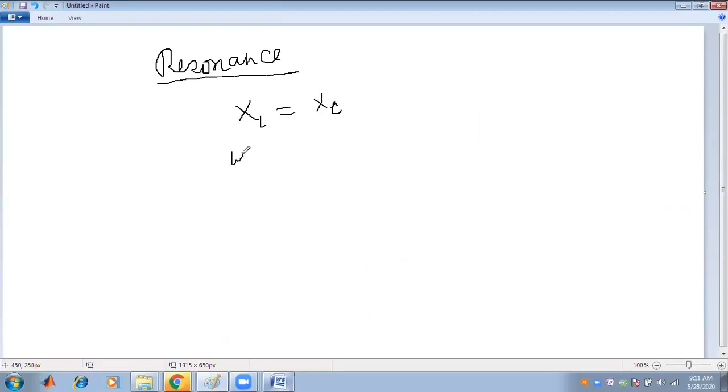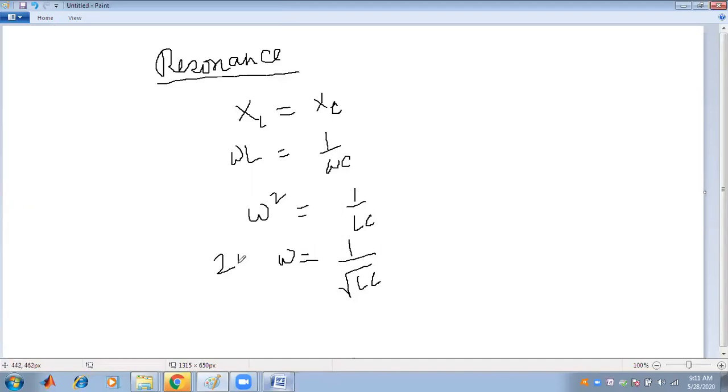So XL means omega L, and XC means 1 by omega C. So it is found that omega square equal to 1 by LC. From that equation, omega will be 1 by root over LC. So omega can be written as 2 pi F.